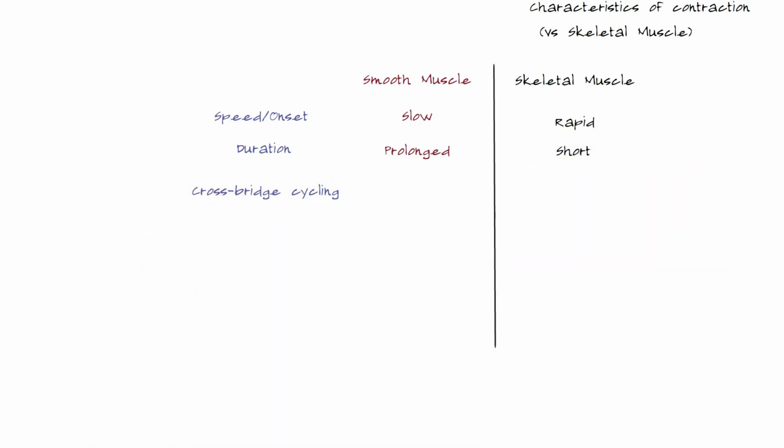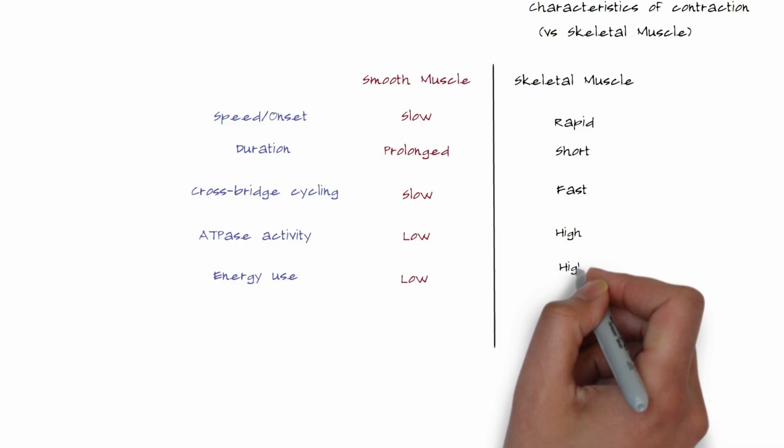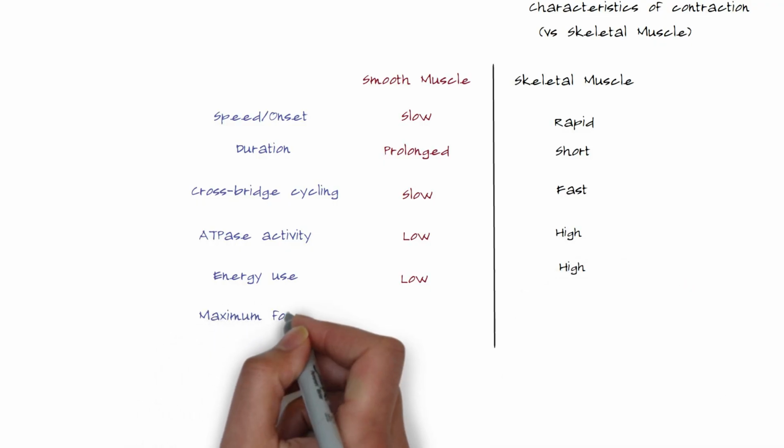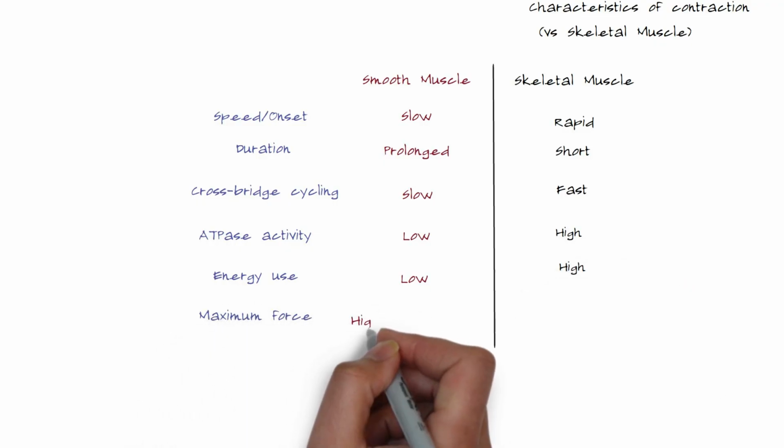And regarding the cross-bridge cycling, it's very fast in the skeletal, while it's slow in the smooth muscle. And the ATPase activity is high in skeletal and low in smooth muscles. Meanwhile, the energy used in the skeletal is very high, and in the smooth muscle, the energy use is very low.